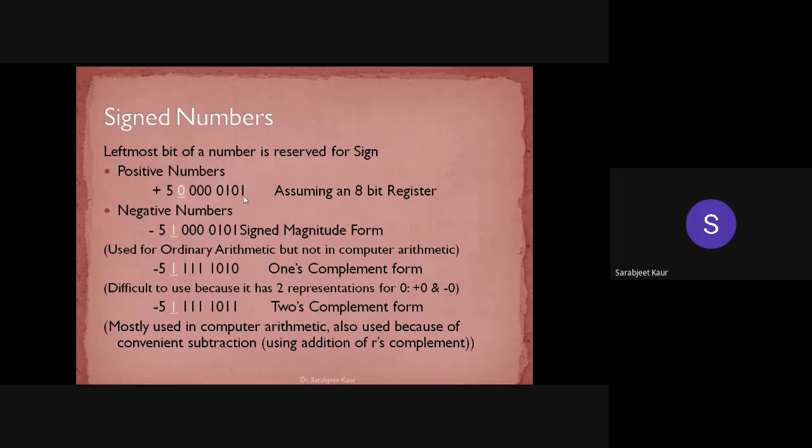We leave the first bit that happens to be 1 this time as it is, and then invert all other bits. So what will I get? 1 1 1 1 0 1 1. This one, as I told you, is left as it is, right? Any problem? No, ma'am.